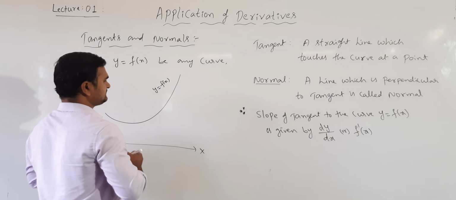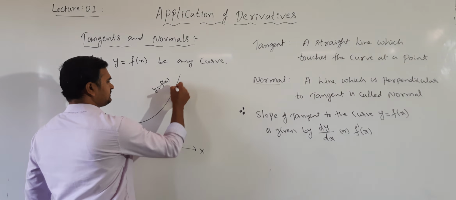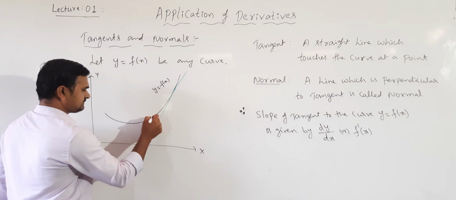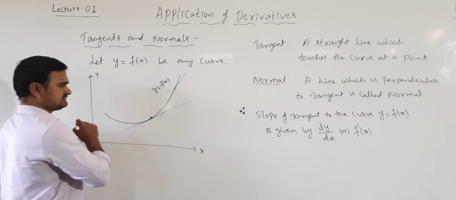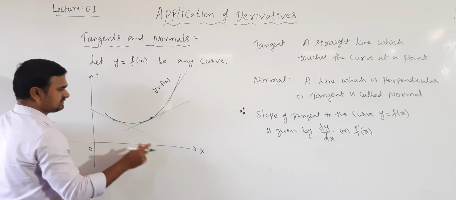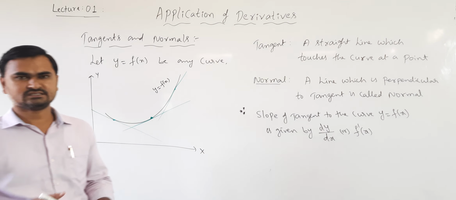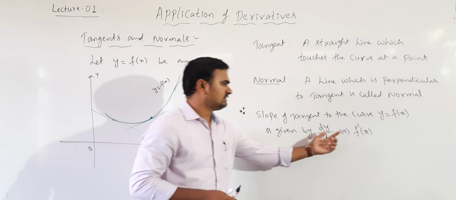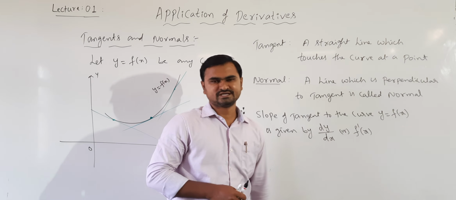We can draw many tangents. Suppose at this point you want to draw a tangent, this is the tangent line. At this point, this is the tangent. At this point also we can draw a tangent. So like this we can draw many tangents for the curve. But the slope of the tangent is always given by dy by dx or f dash x.